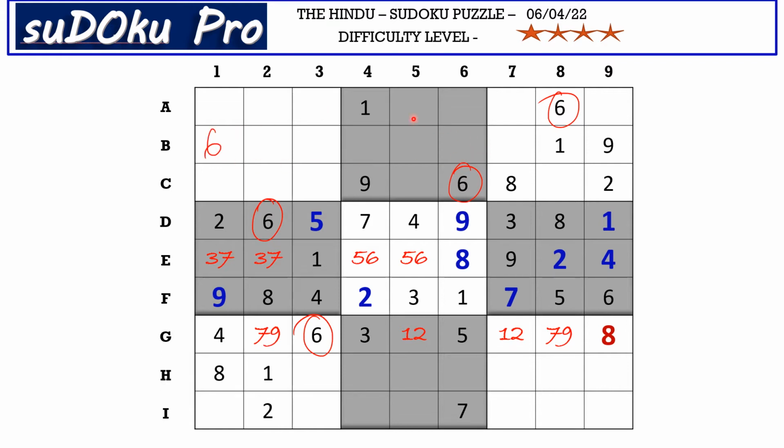Similarly, there is 1 in A row and B row, and there is 1 in column 3 and column 2, which blocks all these cells. So C1 takes 1. Now in column 1 there are 3 missing numbers: 3, 5 and 7. In I row you have 7 blocking, so I1 takes 3, 5.